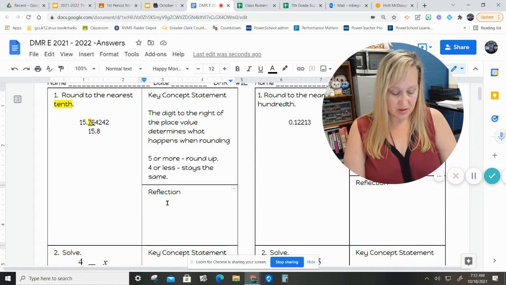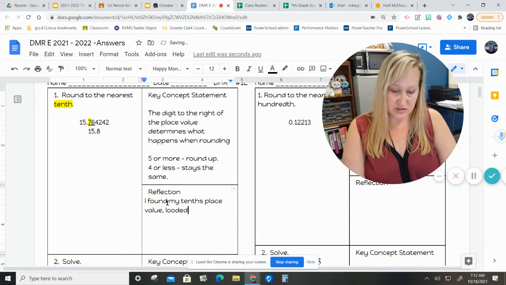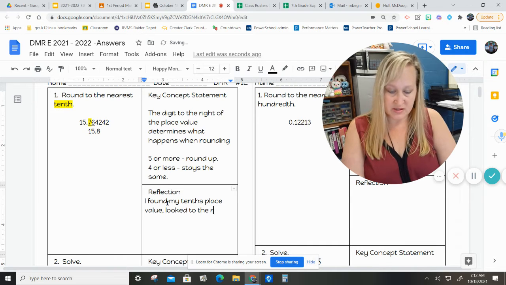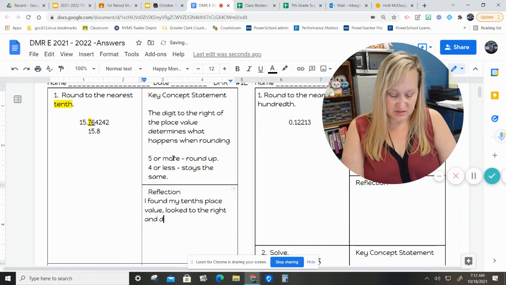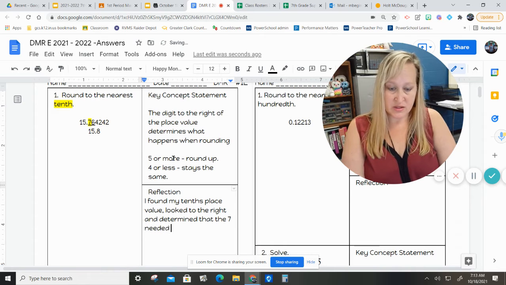Reflection: I found my tenth place, looked to the right, and determined that the 7 needed to round up to 8.